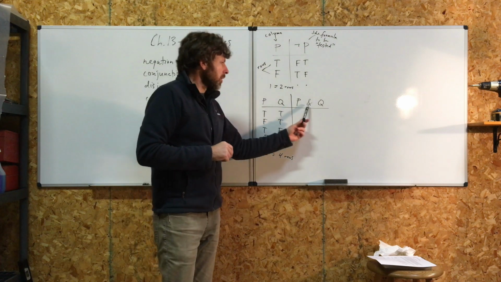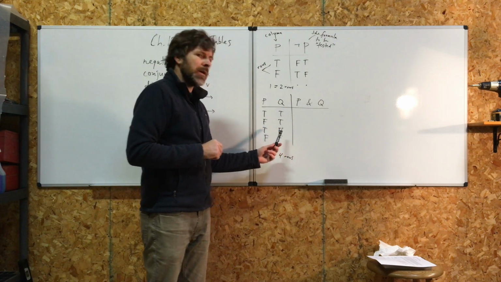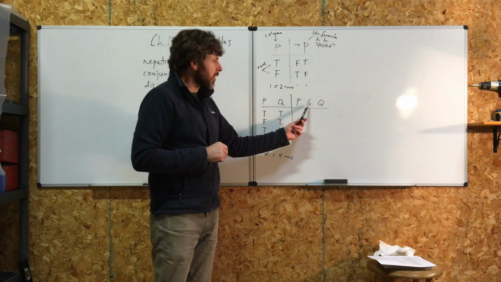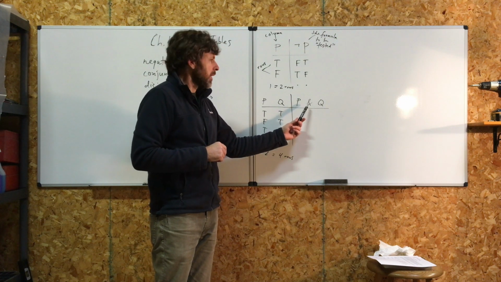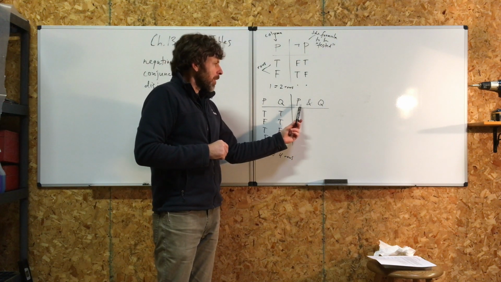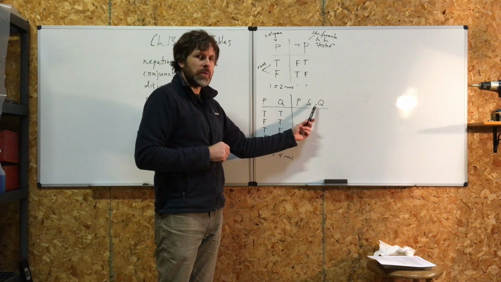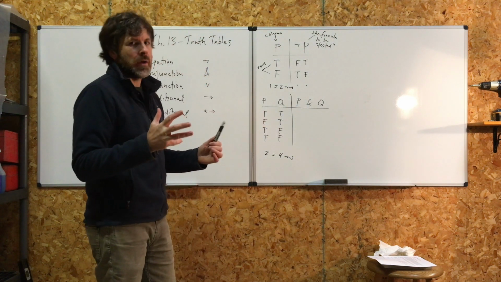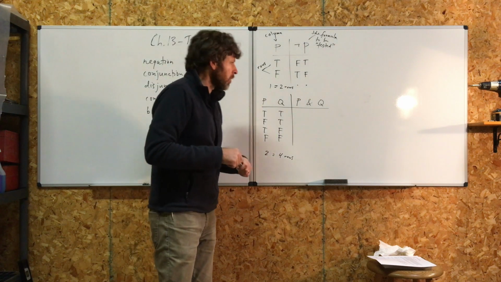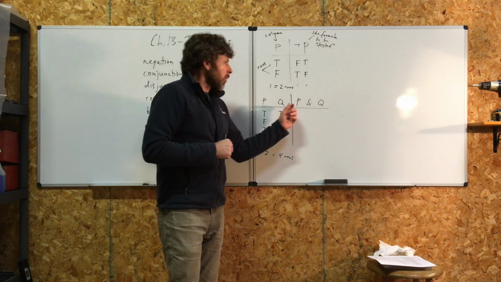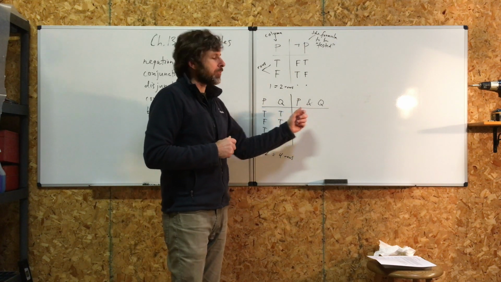All right, let's look at our truth table here. Now, in the operation of conjunction, what that tells us is that for the whole conjunction to be true, both conjuncts have to be true. And there's no other scenario, no other possibility, no other situation where the whole conjunction will be true.